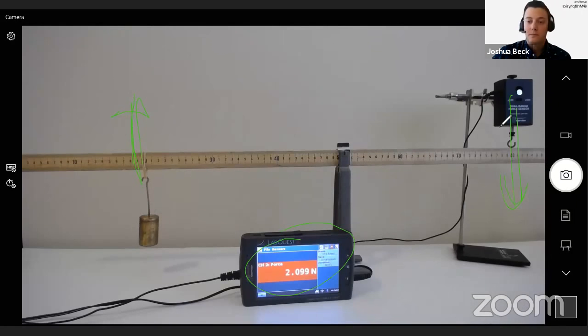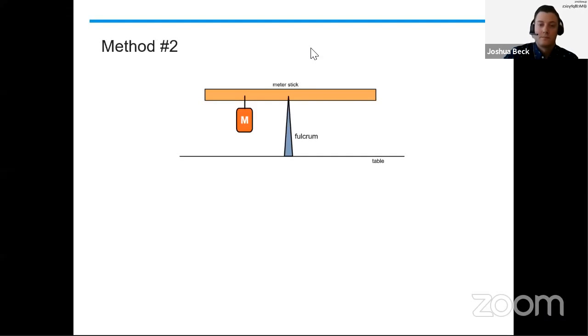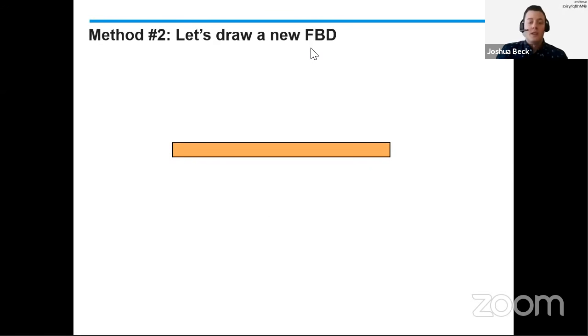Okay. So for this one, we're actually going to draw a new diagram. We have a little bit different setup. I have different forces in different locations. So let's go ahead and actually get set up with a new diagram. So take a minute and I want you to label the forces that are now currently acting on this.